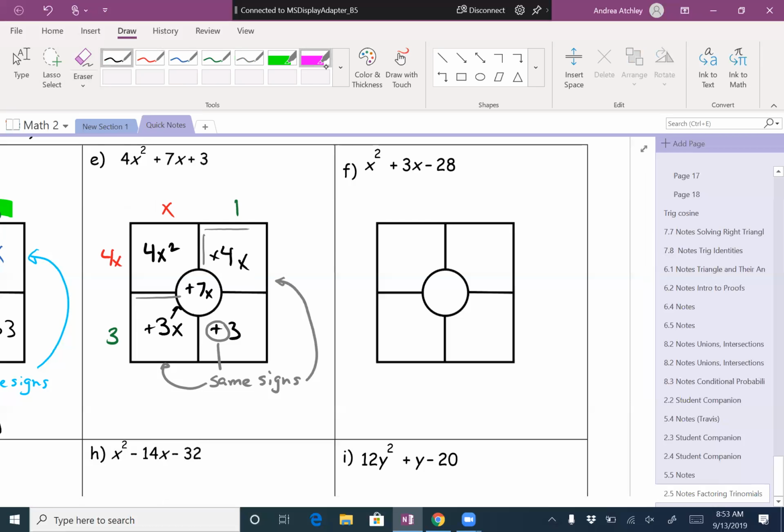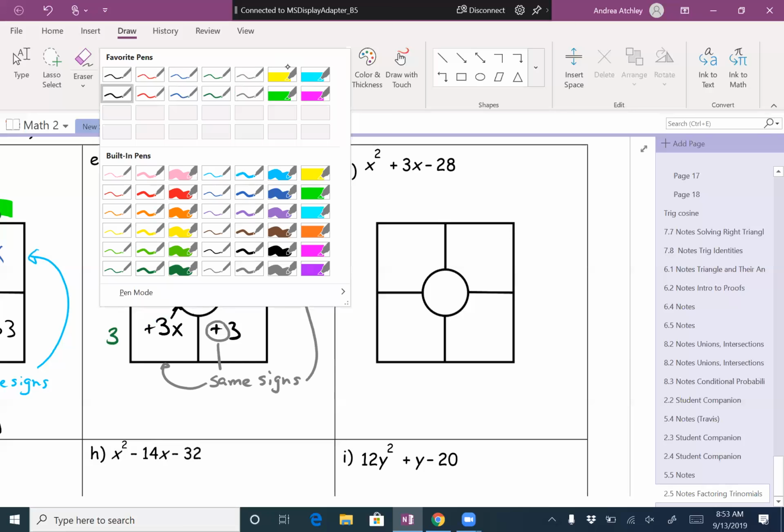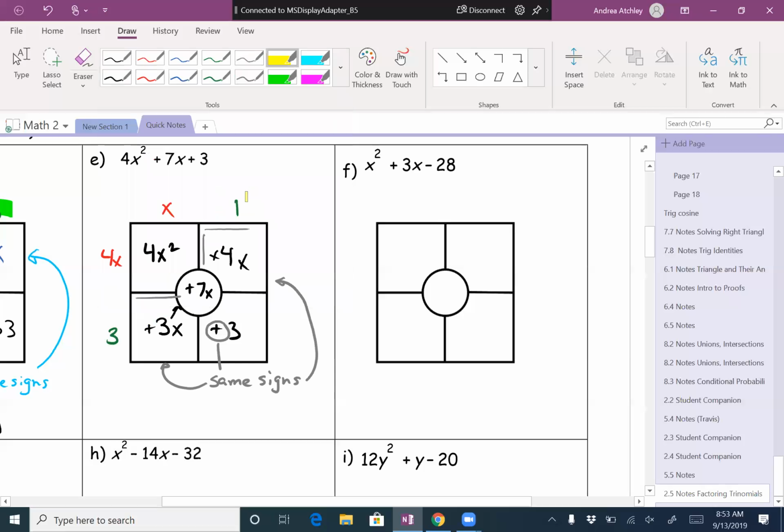Okay, so my factors again are the x. Oh, it should have a plus sign there because the 4 is positive. And this should have a plus sign here because this 3 is positive. So one of my factors is the x plus 1. The other factor is this 4x plus 3.